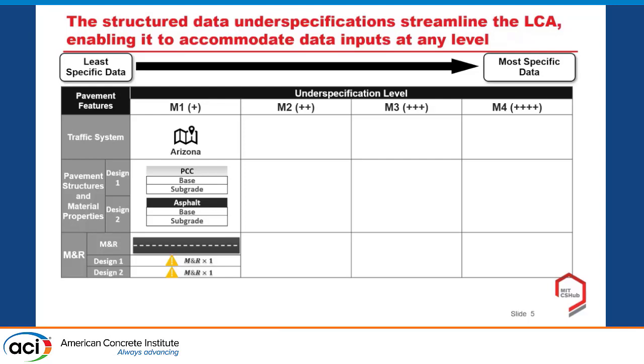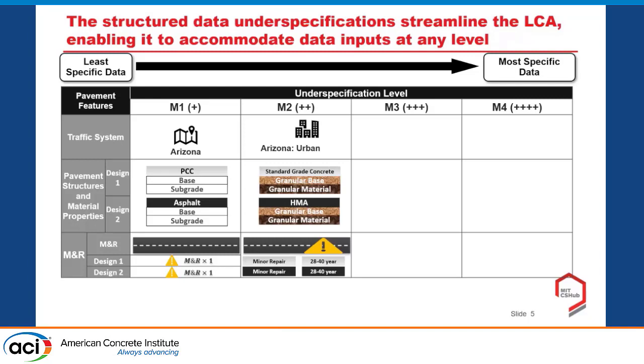The user may only know that they are designing two pavement design alternatives, PCC and asphalt pavement, for Arizona State. And they know they want to do one M&R within, for example, a 40 to 50 year life cycle analysis period. But they do not have the specification of what types of M&R they want to do and when.